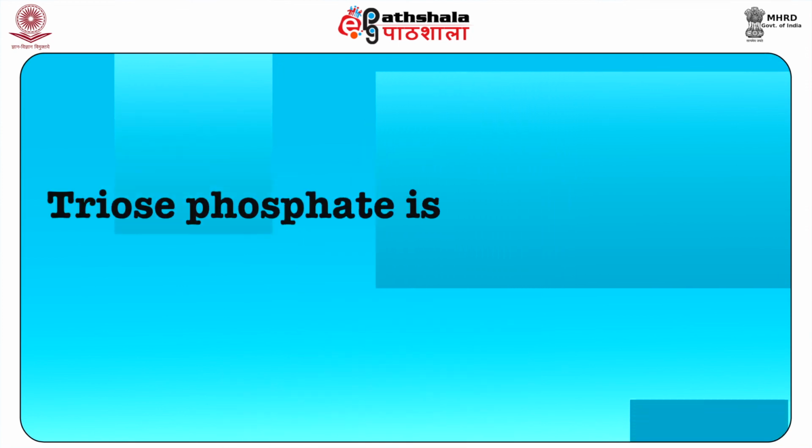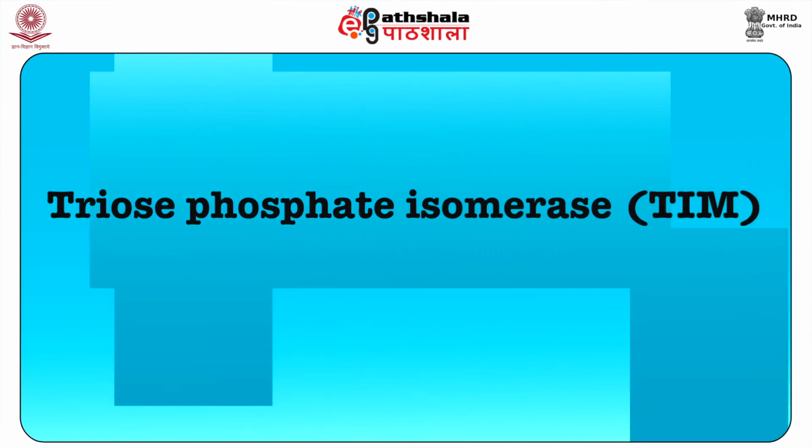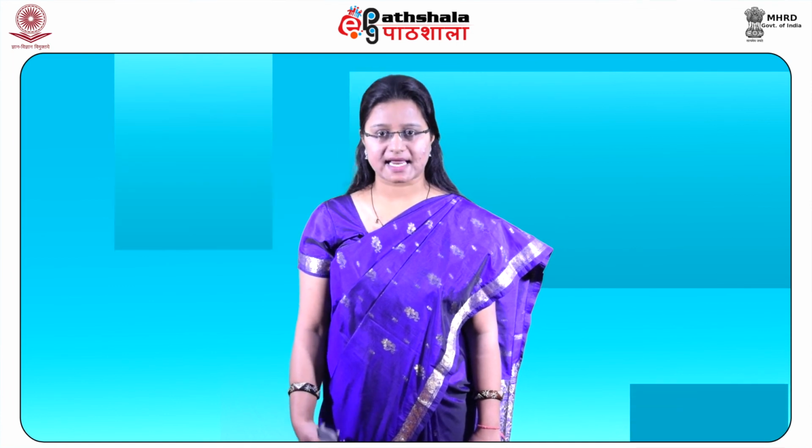Another example is triose phosphate isomerase. Proteins with a lot of asparagines or glutamines are thermolabile. Why? Because at elevated temperatures, these amino acids get converted into aspartate and glutamate with the release of ammonia. This triose phosphate isomerase has many asparagine residues.